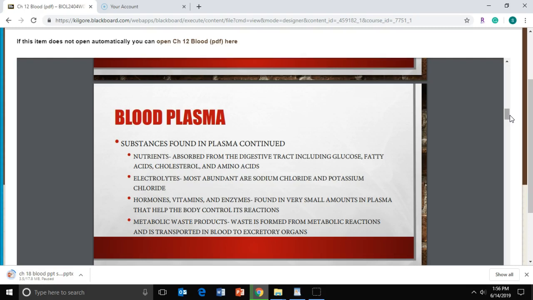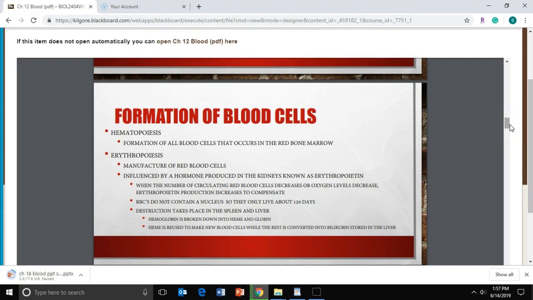So hormones that are traveling in the blood might be thyroid stimulating hormone on its way from the pituitary gland to the thyroid gland. And then there are metabolic waste products that our kidneys get rid of or might end up in our feces.